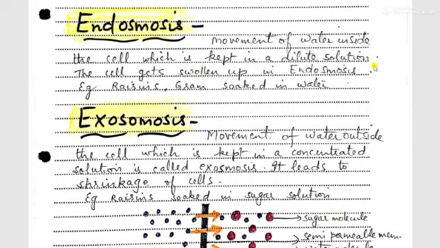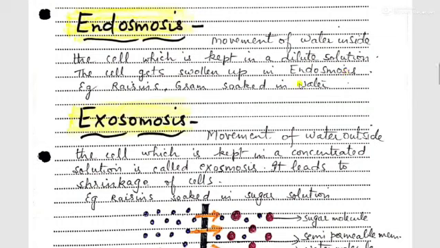The water molecules will move from the outside solution towards the inside of the cell. And it will start moving until the concentration on both sides of the cell becomes equal. So the cell gets swollen up, and this process is called endosmosis because water has gone inside the cell.